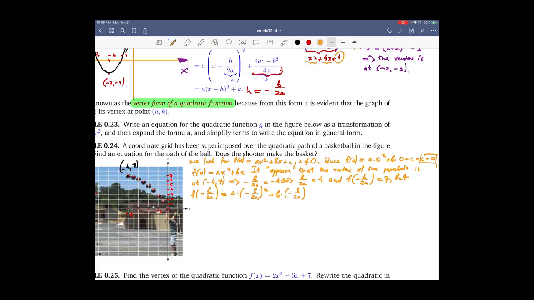And when we do the algebra, we will get a times b²/4a² minus b²/2a. So that is b²/4a minus b²/2a. That is, of course, −b²/4a.